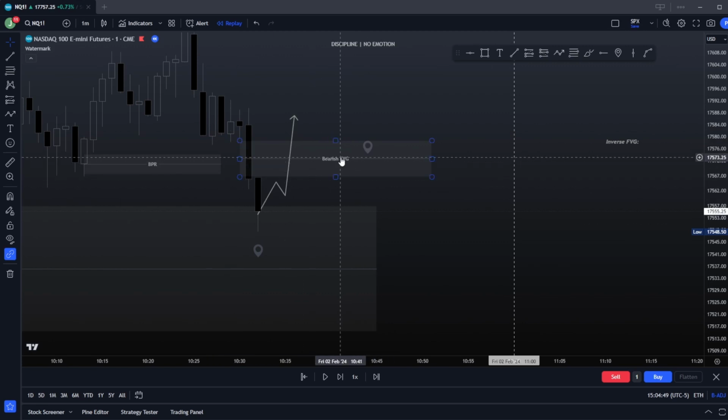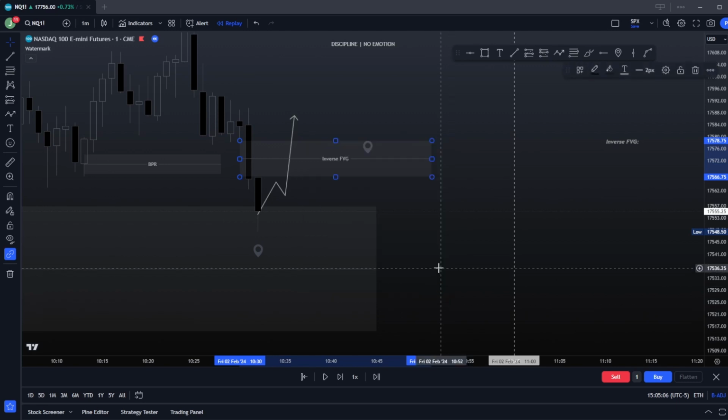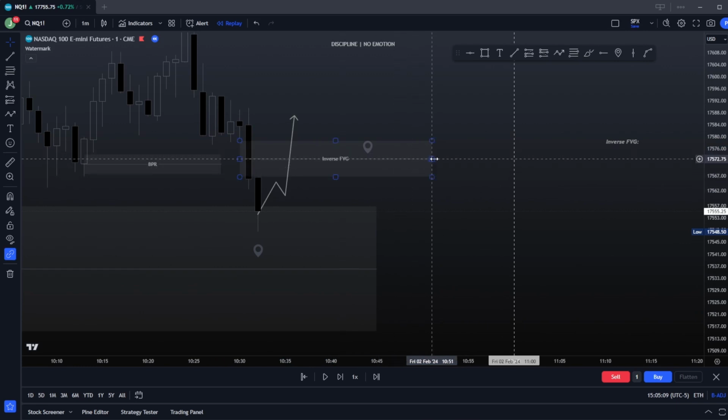What it actually does is it now flips it into a bullish fair value gap. But because it was once a bearish fair value gap, we call it an inverse fair value gap.